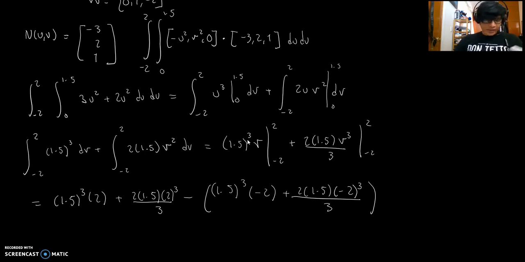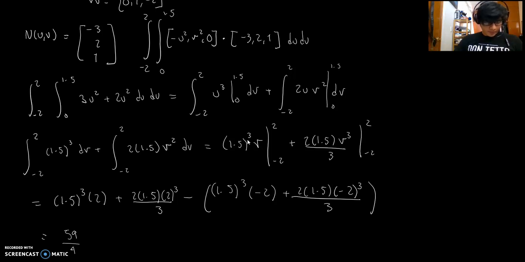And let's make the math. 1.5 cubed plus 2 plus 2 times 1.5 times 2 cubed over 3. Okay, this will equal 59 quarters.